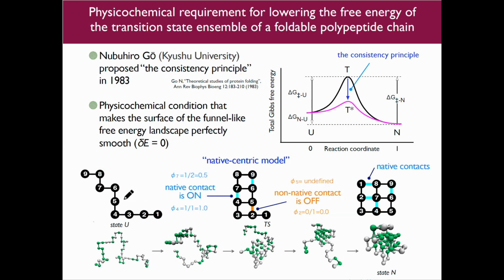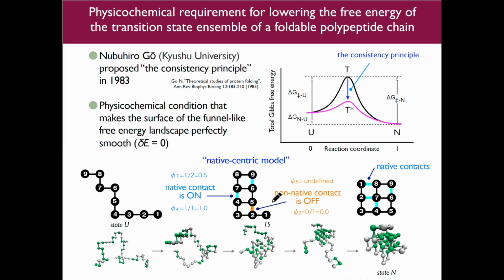So I want to explain using the 2D lattice model here. This is one of the states U here, and this is the native folded structure. This black line represents the covalent bond, and these cyan colors are native contacts.